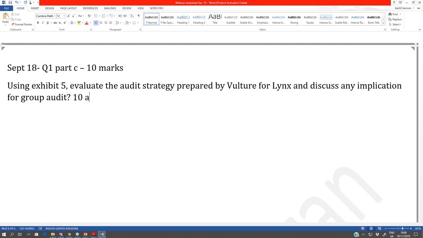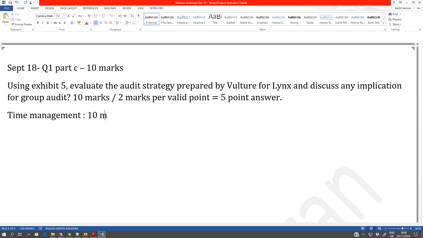So we know the equation, right? 10 marks divided by 2 marks per valid point is equal to a 5-point answer. So a 5-point answer will give us the 10 marks. Again, we need to work on the time management. We have 10 marks multiplied by 1.95 minutes per mark, which is equal to 19.5 minutes.